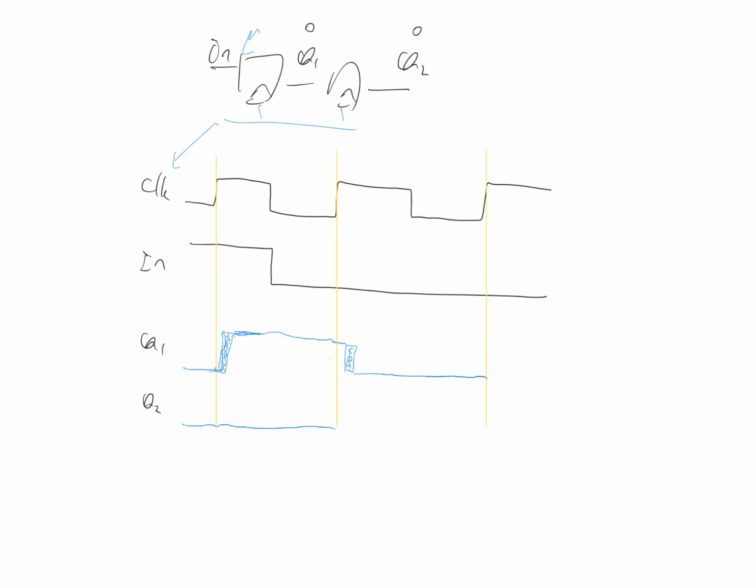Similarly, Q2 is going to, straight after the rising edge of the clock, not change for a period of the contamination delay. So it's going to stay constant. Then the contamination delay is going to kick in until the propagation delay has expired. And now I'm drawing this already because I know that it's actually going to transition.